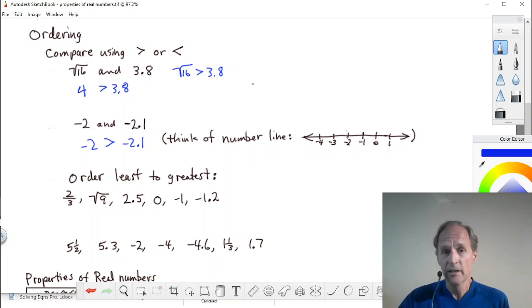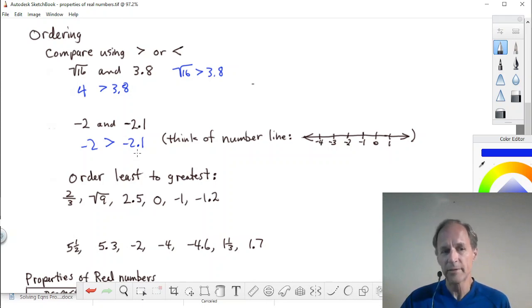Okay, so -2.1 is to the left, correct? It's to the left of negative 2. So the one to the right is greater, the one to the left is less. So negative 2 is greater than negative 2.1. We can talk about the magnitude of numbers and the absolute value of numbers, and that's where, yeah, negative 2.1 has a larger magnitude.